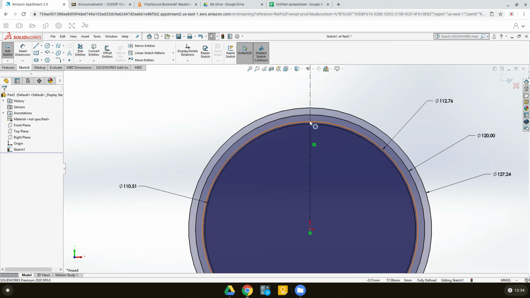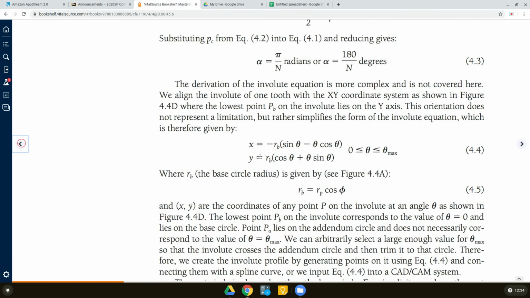But getting those points means getting their x coordinate and y coordinate, and that's what these equations do here. X coordinate of any point is given by minus rb sine theta minus theta cosine theta, and y coordinate is given by rb times, and we know rb, base circle radius, rb times cosine theta plus theta sine theta.